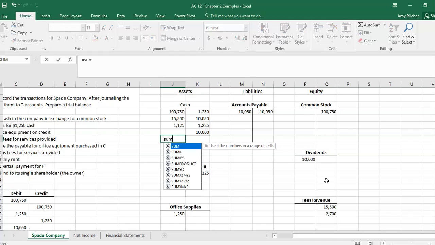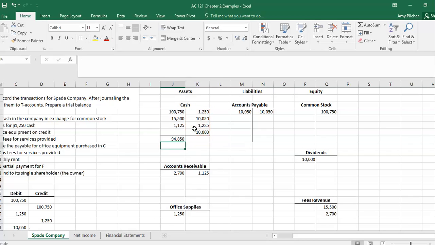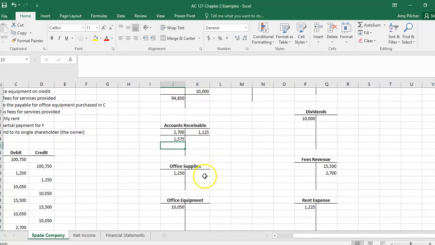So we're going to add up our debit column and then subtract the sum of our credit column. We have a balance of $94,850 in cash. Go through and do that with all of our columns, debits minus credits for our asset accounts.